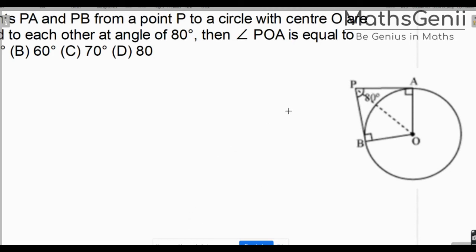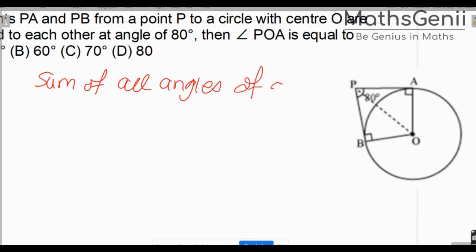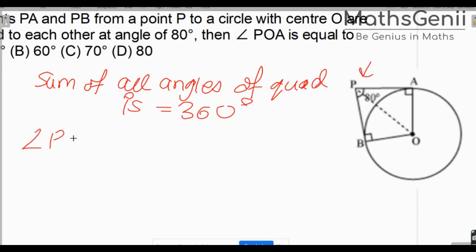I'll quickly show you that. Very easy question. We just studied a property of quadrilateral, right? The sum of all angles of a quadrilateral is how much? 360 degrees. Therefore, angle P plus angle B plus angle O plus angle A is 360 degrees.